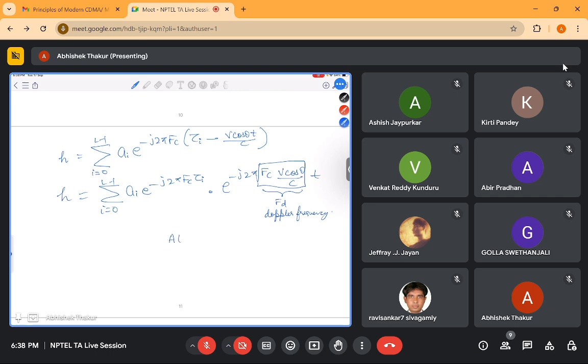So at t equal to 0, this term will become e to the power of 0, so there will be no shift in the phase. The phase shift is equal to 0. At t equal to 1 by 4 fd, this term will become e to the power of minus j 2 pi by 4. So it will become pi by 2. So the phase will be pi by 2.